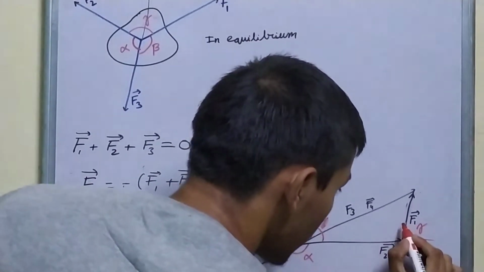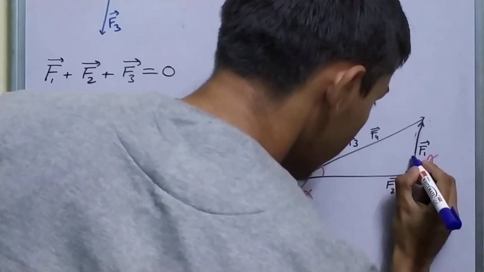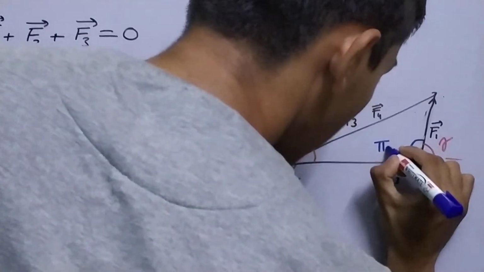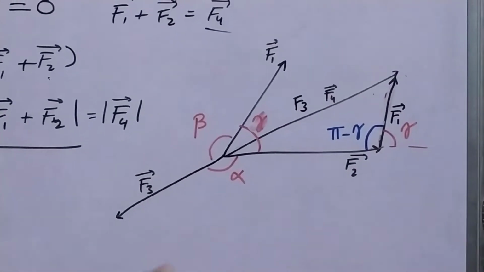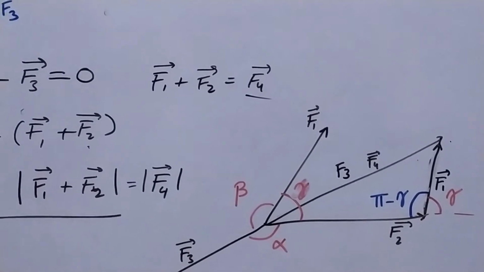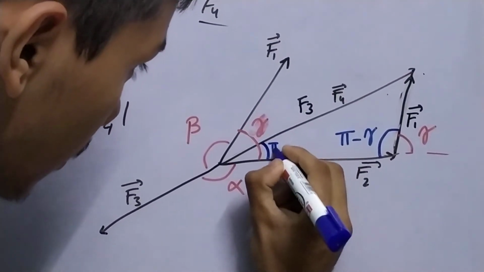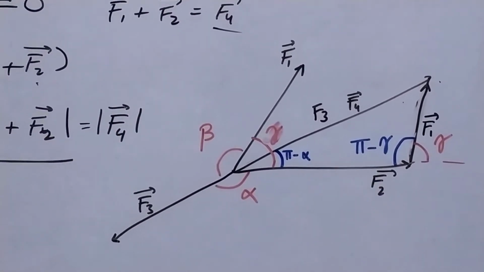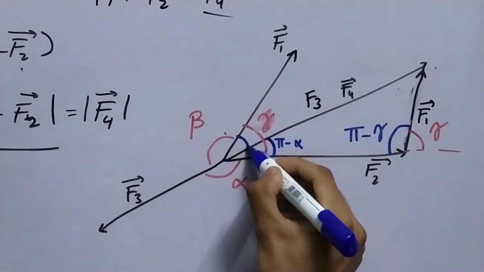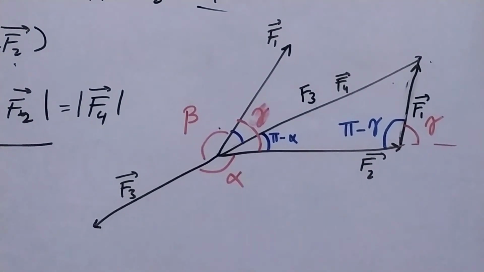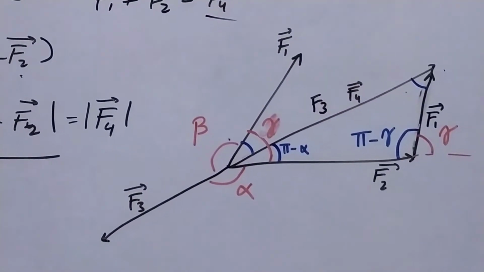So this angle is gamma. This angle is pi minus gamma, they form a linear pair. So if this angle is alpha, then this angle is pi minus alpha, and if this angle is beta, then this angle is pi minus beta, and so will be this angle, because they form alternate interior angles.